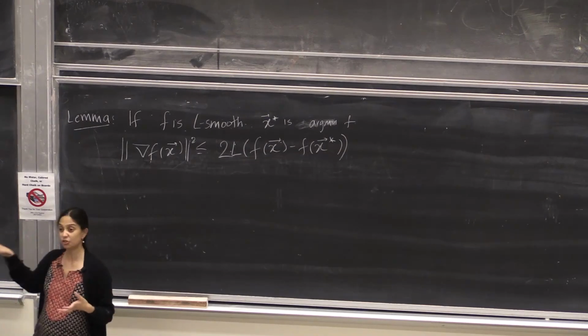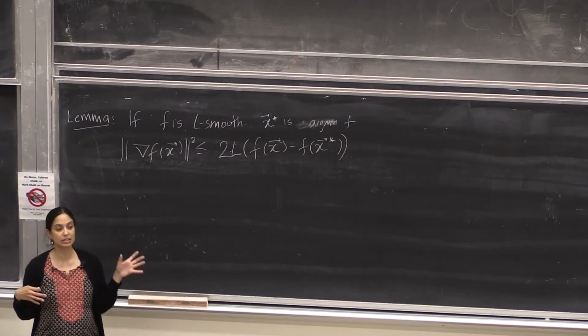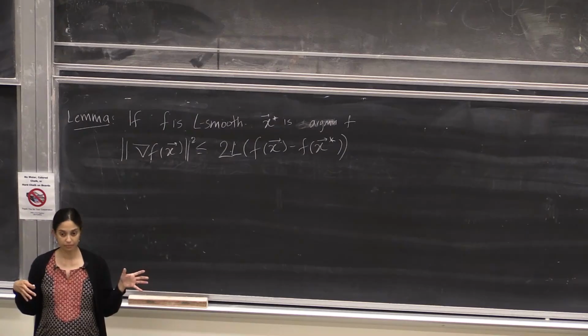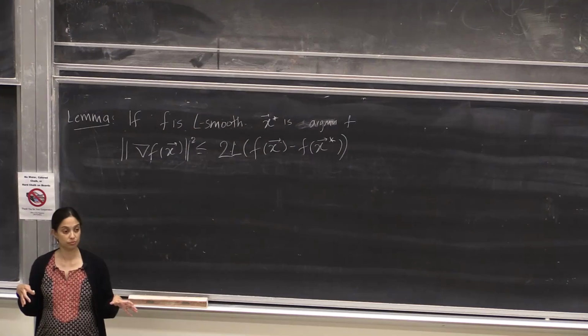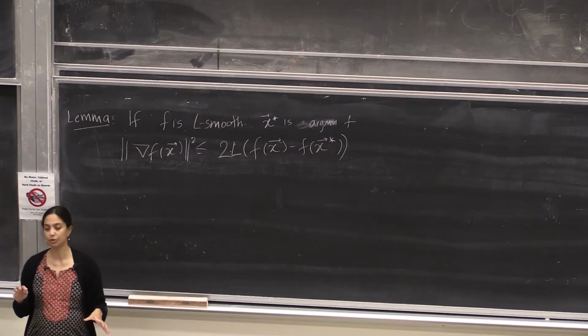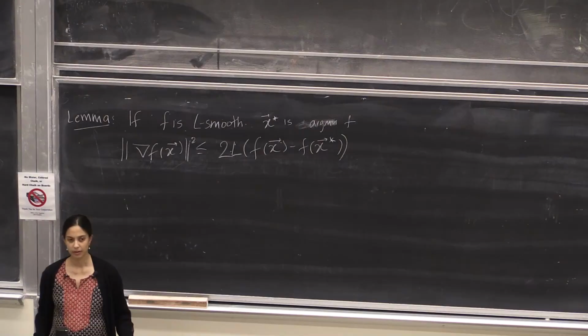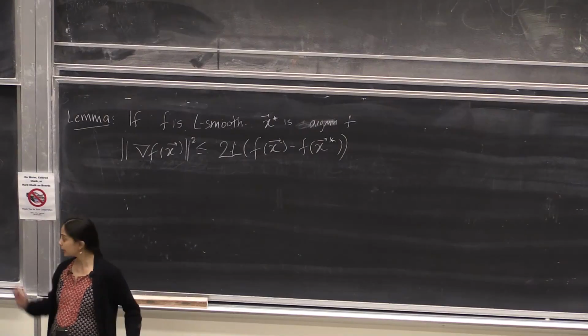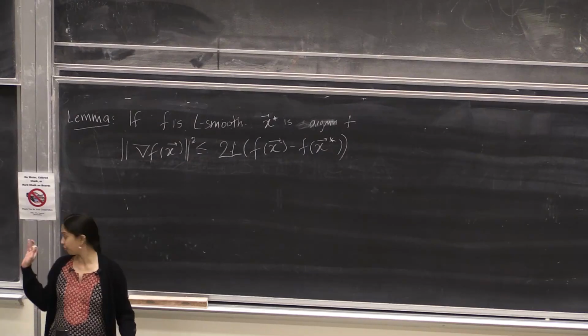It's saying my gradient is not changing too fast, right? So L smoothness implies this condition, okay? So that's what we want to now try and prove, okay? So why don't you take a minute to just think about how you might do this before we all do it together. It's not quite obvious to go from this to this.